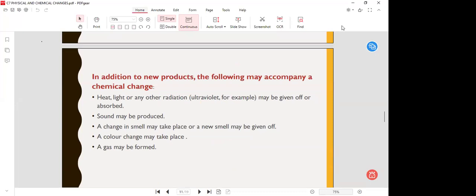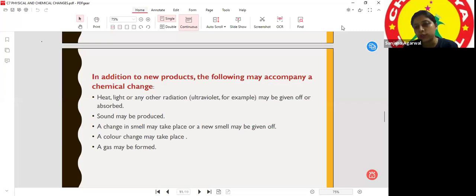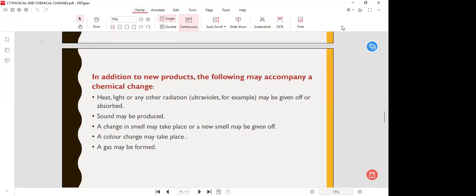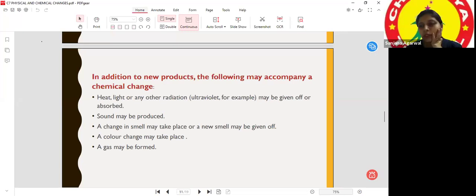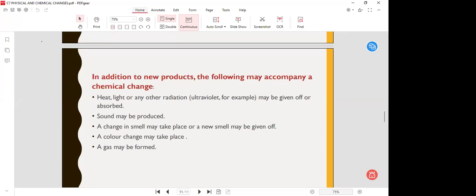Ma'am, basically elements are matter that contain only one kind of atom. Okay. Siddhant, can we give a chance to others, dear? Adrit, you tell me what are elements?